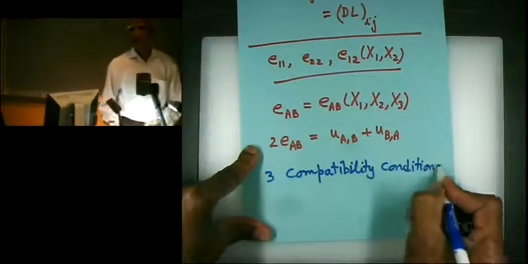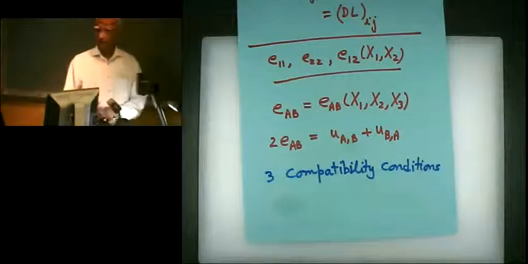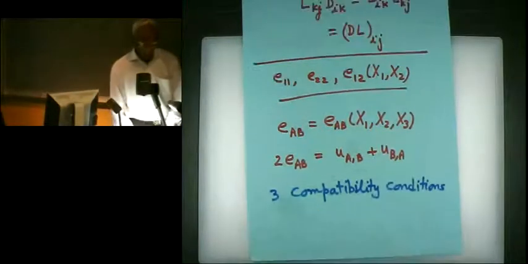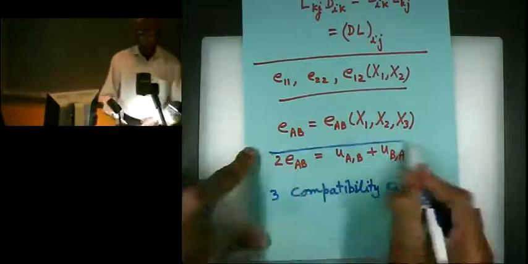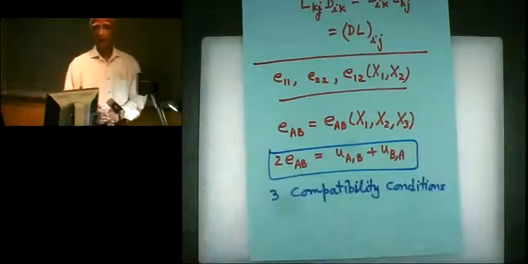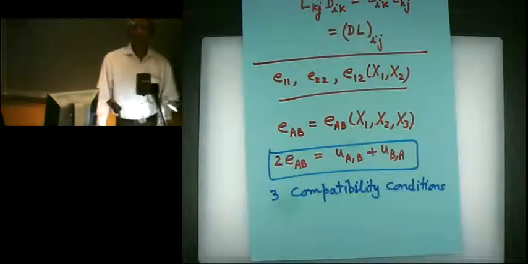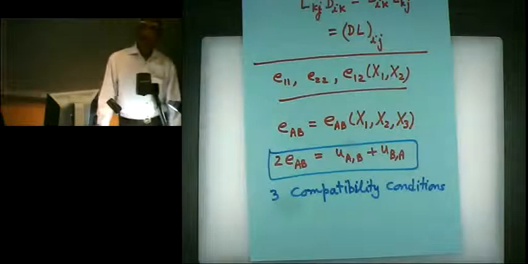Or you can say these are 3 integrability conditions. A and B go from 1 to 3, but it is symmetric in A and B, so that's why there are 6 rather than 9.